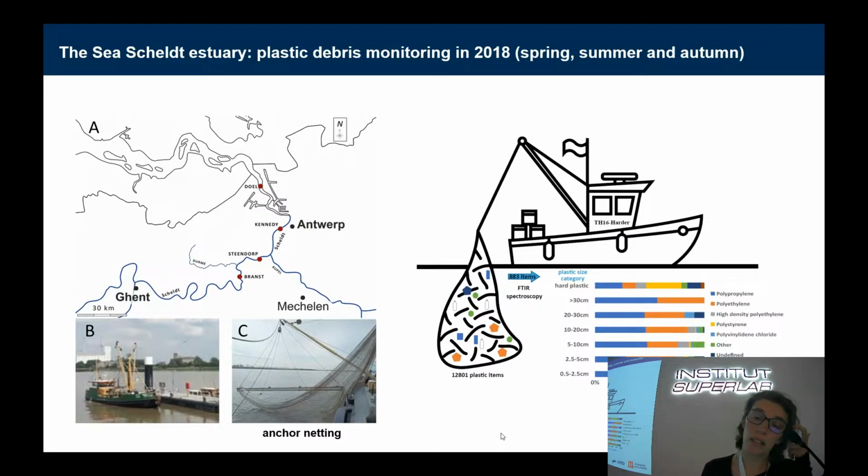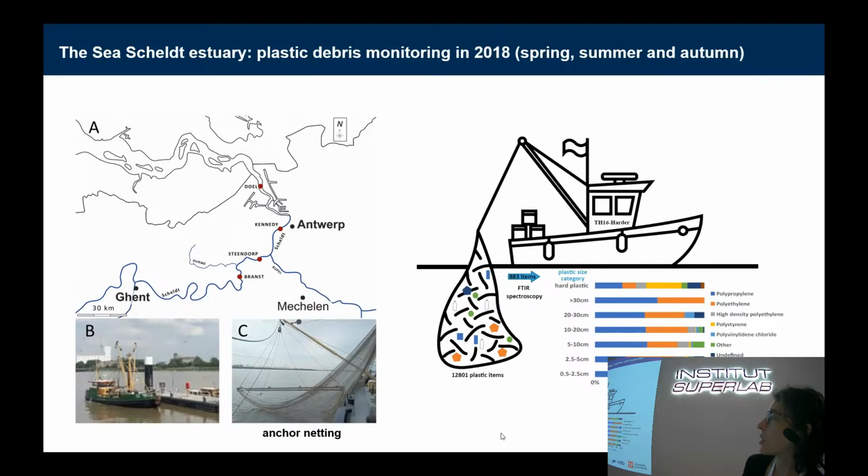In this specific period of time, we collected more than 12,000 plastic items, which were then categorized. At a certain point, we also took subsamples, and at that time we did FTIR spectroscopy to check the plastic polymer composition depending on the plastic itself.